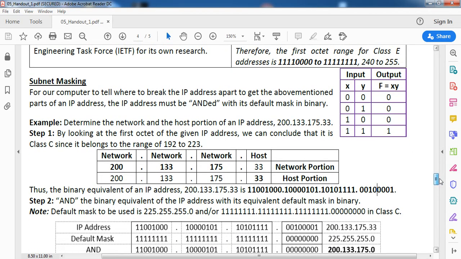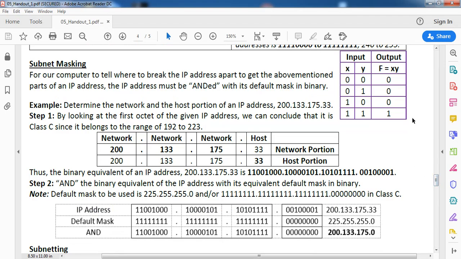To give you an idea, the logic function AND would result in a value of 1 if and only if both of the inputs are 1. Else, it would be 0. Another way of describing this is if one of the inputs is 0, the output would automatically be 0.